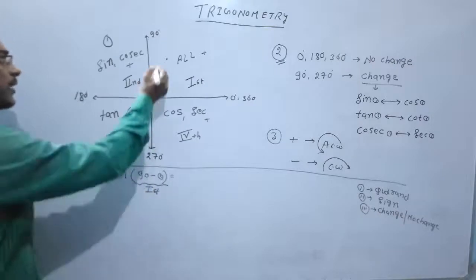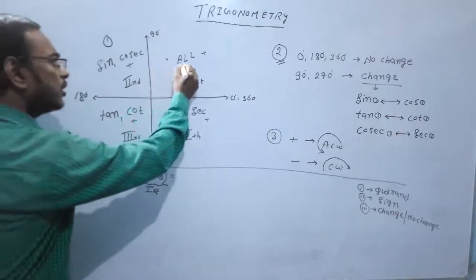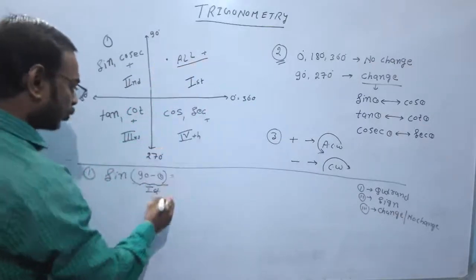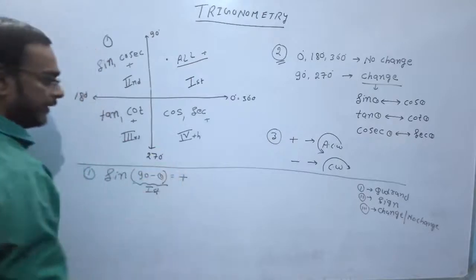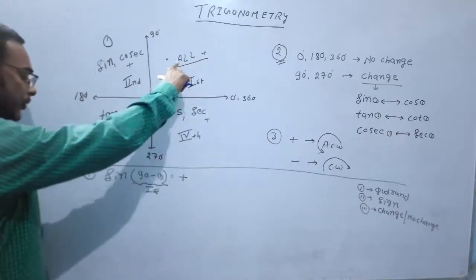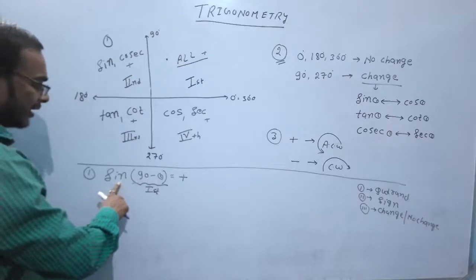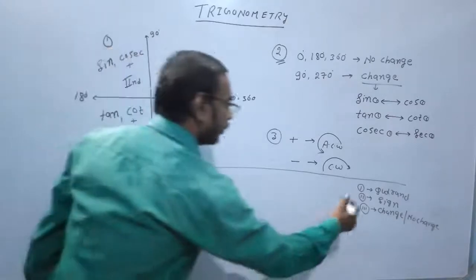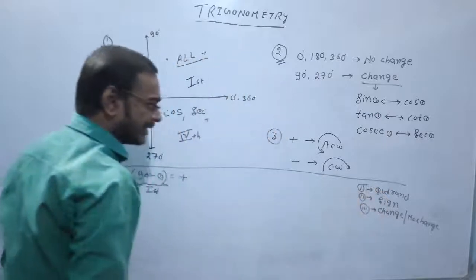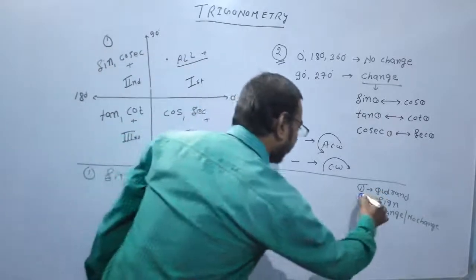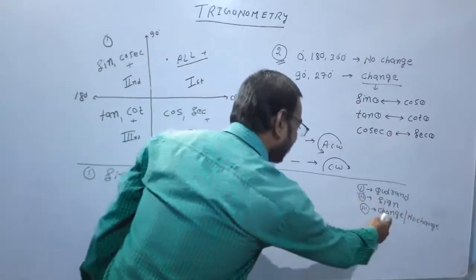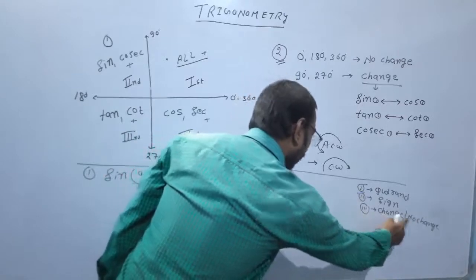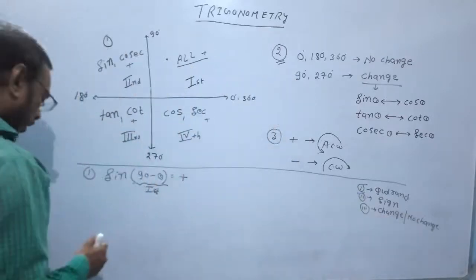Now in the first quadrant, all the trigonometric ratios are positive. So here we assign a plus sign, because sin, cos, tan, cosec, sec, cot, all the trigonometric ratios are positive. So firstly we decide the quadrant, after that we take a sign and then see whether it is change or no change.